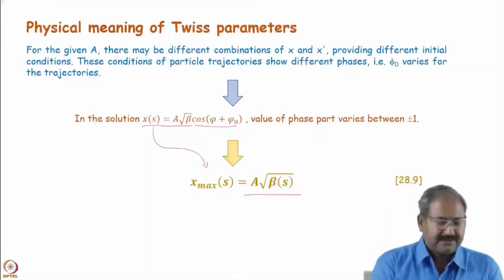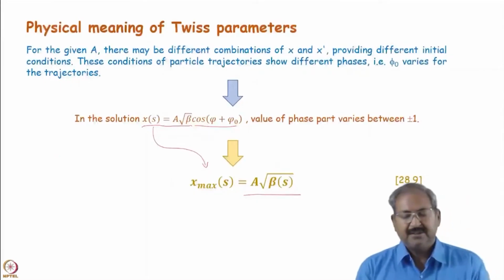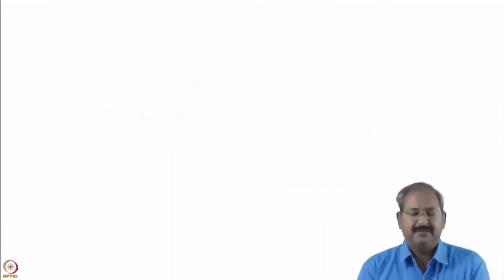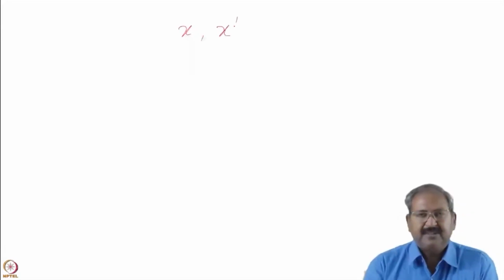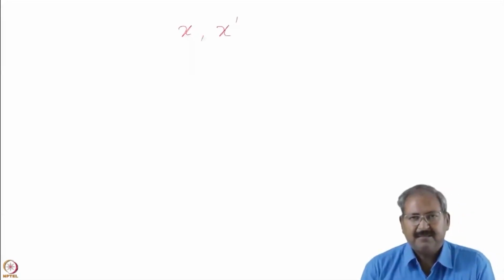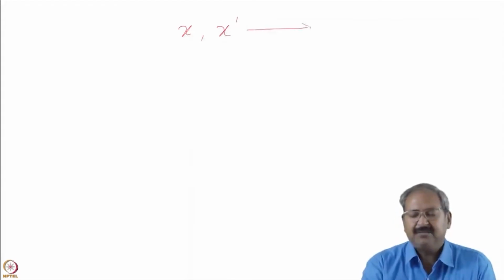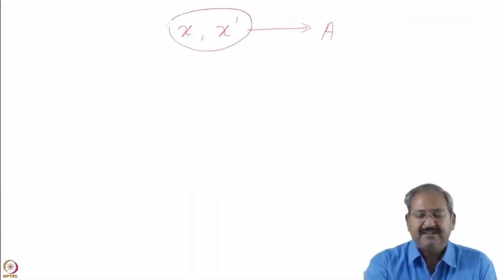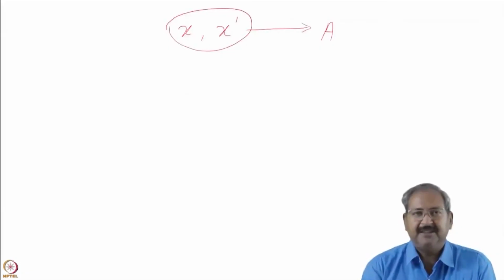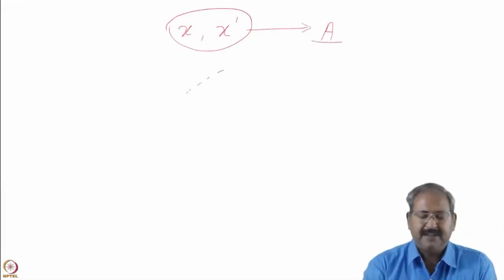Suppose we take different combinations of x and x prime, because these are two variables, so we may have various combinations, and each combination gives the same A. Means these many initial conditions are on the periphery of the ellipse decided by this A. And definitely at the location where we are getting this, the twist parameter of that location.